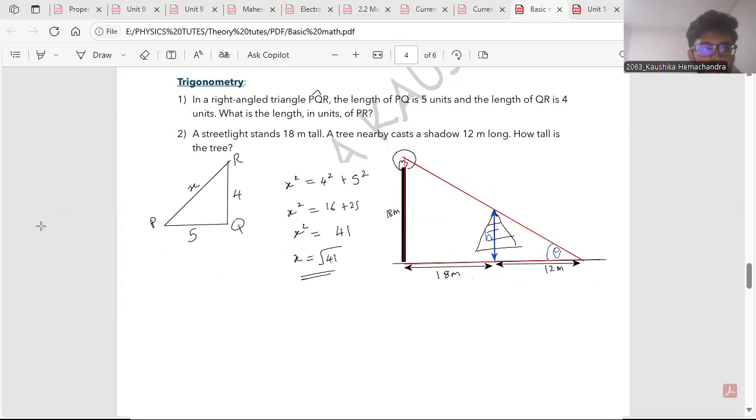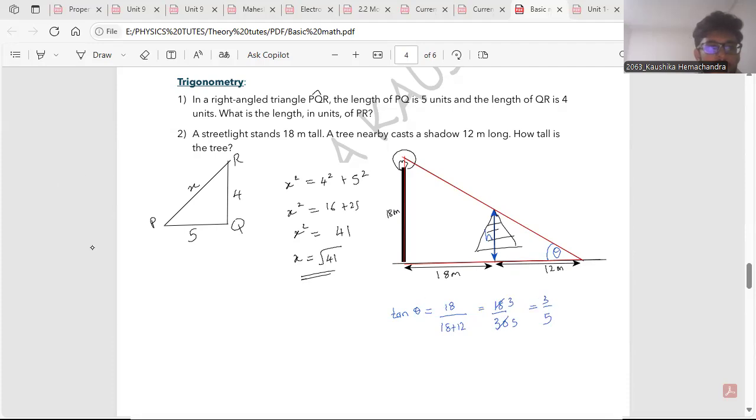That is opposite over adjacent, which is tan theta, no? It is 18 over 18 plus 12. That is 18 over 30. Cut by 6, here 3, here 5. Tan theta equals 3 over 5.